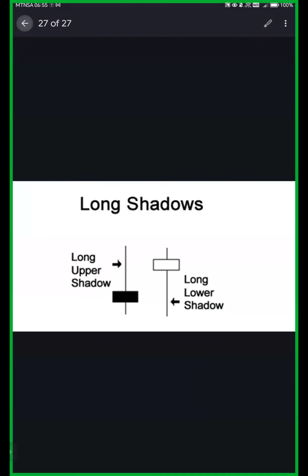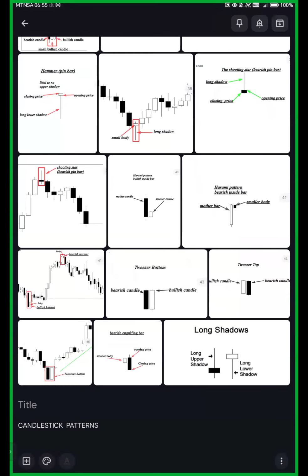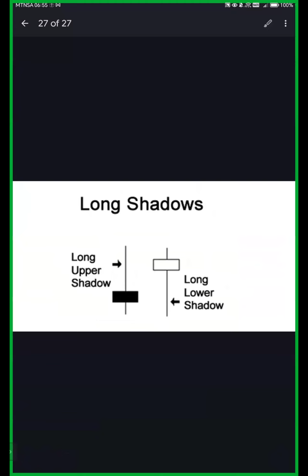Let me bring another slide. Now we are going to go to candlestick chart patterns. All right. So as we have now understood the formation of a candle, the contents of a candle, the parts of a candle, you are going to establish that when these candles form, they end up creating what we call a pattern.